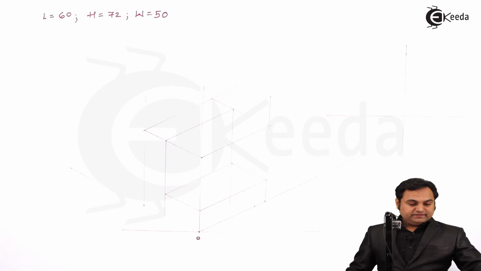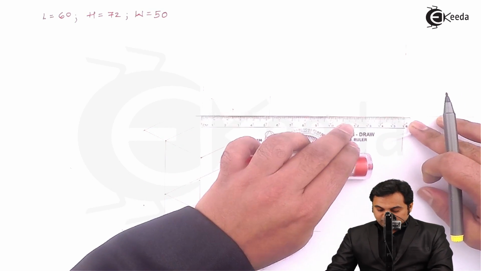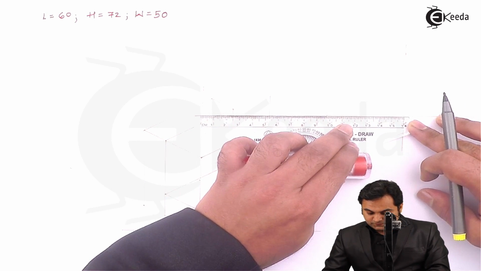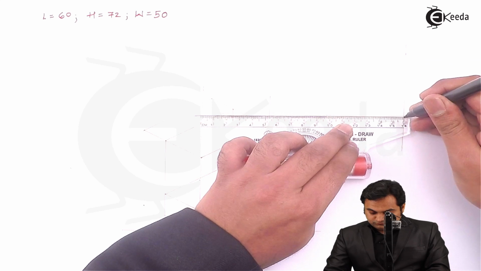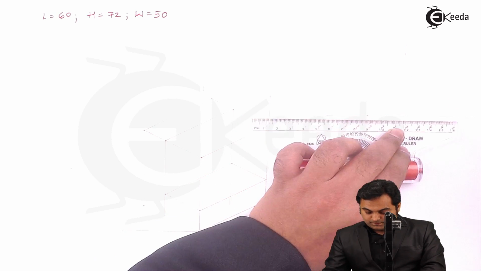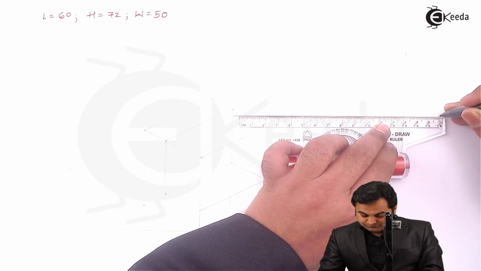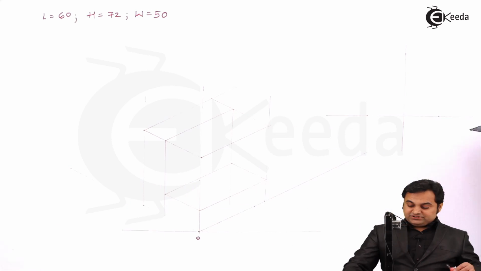So I'm drawing a rectangle of length 60, that is measuring 30 mm on both the sides. So measuring 60 mm length.